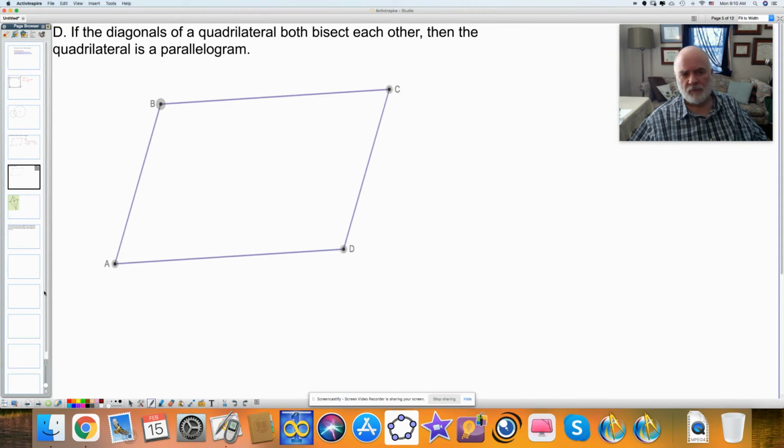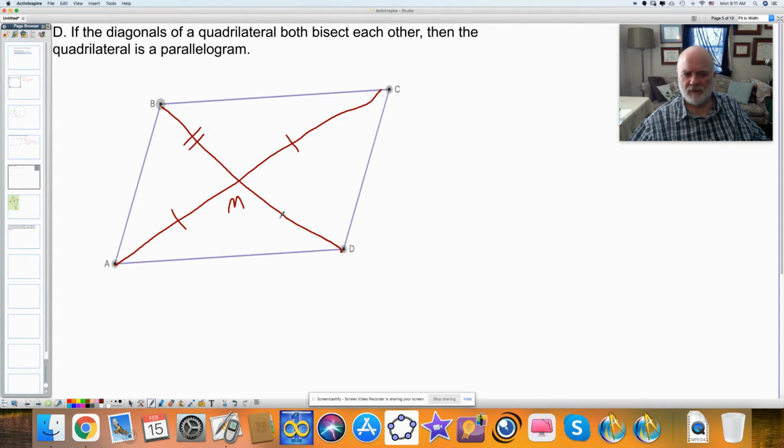Here's a different proof. If the diagonals of a quadrilateral bisect each other, then the quadrilateral is a parallelogram. So here's my diagonal. I'm going to say that given ABCD is a quadrilateral, and these two intersect at M, I'm given AM is equal to CM. I'm given that BM is equal to DM because the diagonals bisect each other.